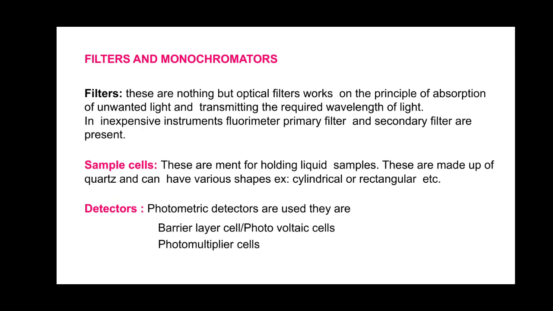If the sample has to be checked with the fluorimeter, the sample cells are made up of quartz and can have various shapes, for example cylindrical or rectangular. For detectors, photometric detectors are used: barrier layer cells, photovoltaic cells and photomultiplier cells.